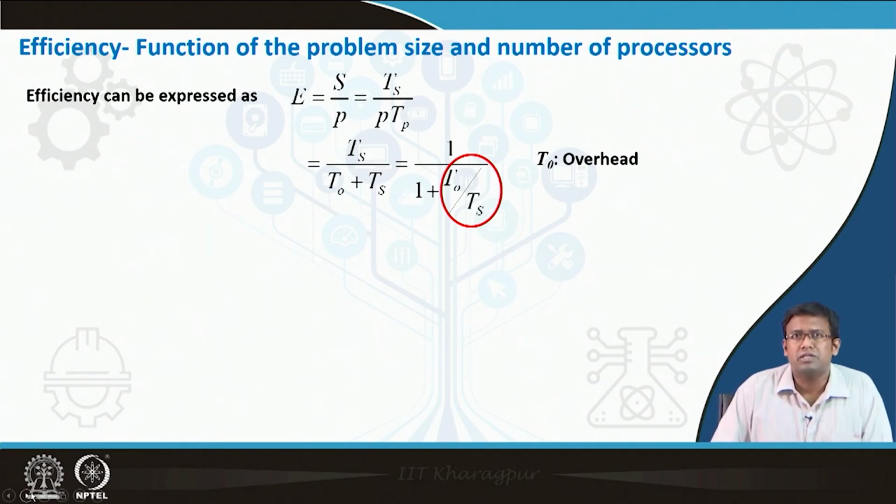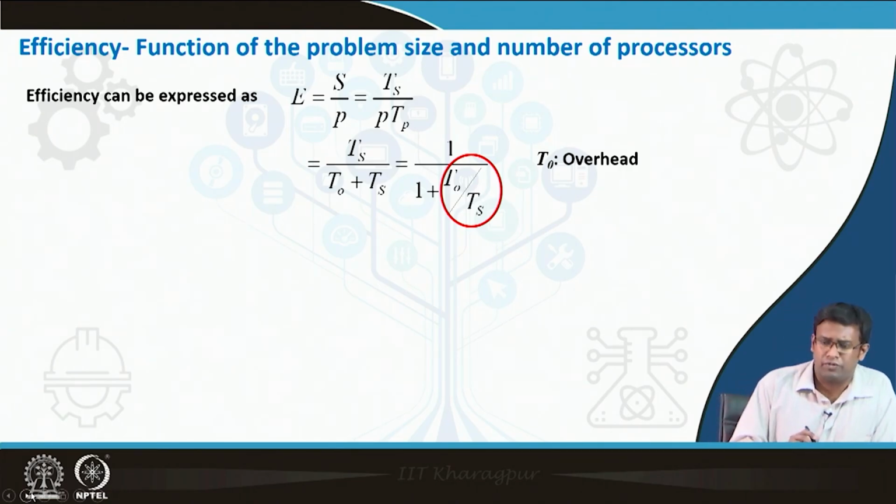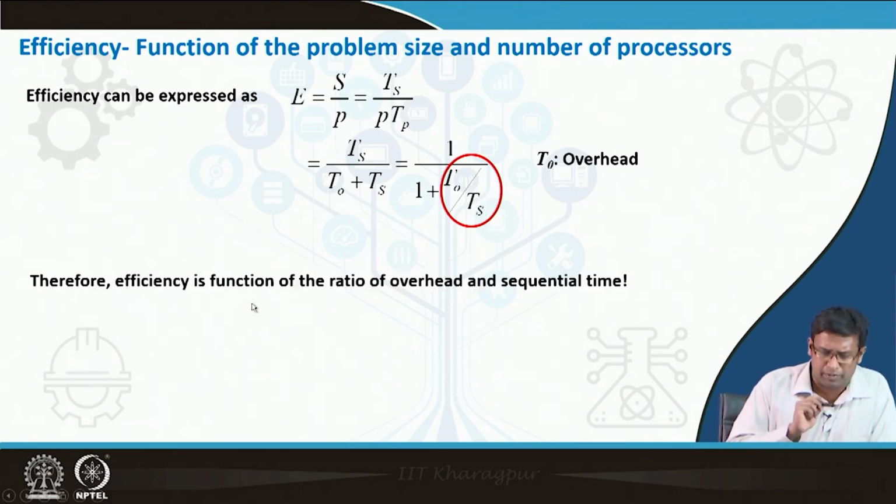So, this becomes a function of the number of processors, and Ts is the computing time for a sequential program, and Ts is simply determined by how large our problem is. So, efficiency is a function of the ratio of overhead and sequential computing time, or a function of the problem size and number of processors.